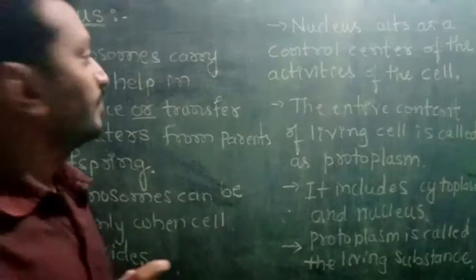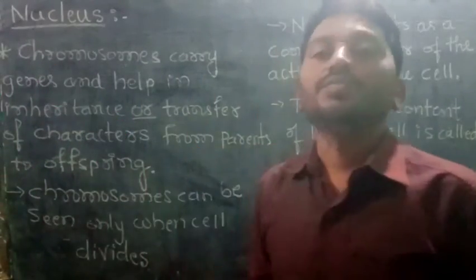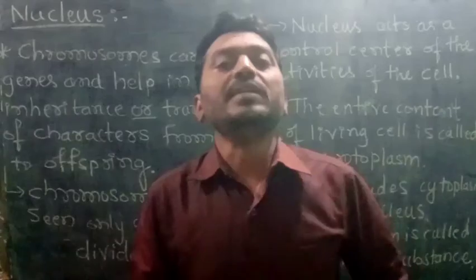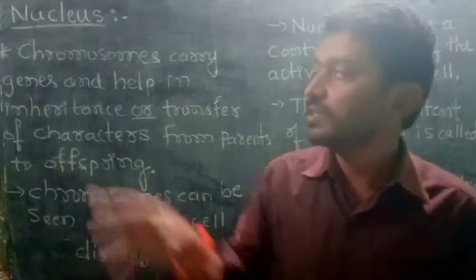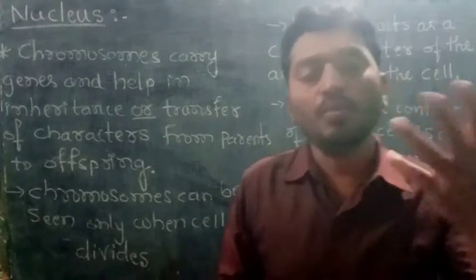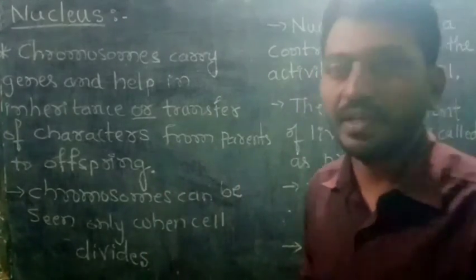Students, here one more, chromosomes. The nucleus contains thread-like structures. They are called the chromosomes. Chromosomes are very important in the living body, especially in the cell. Why?